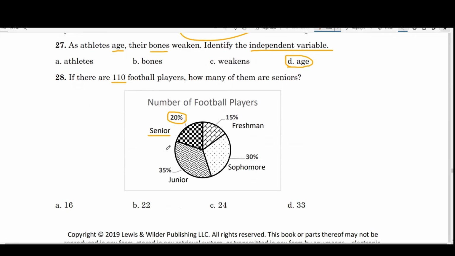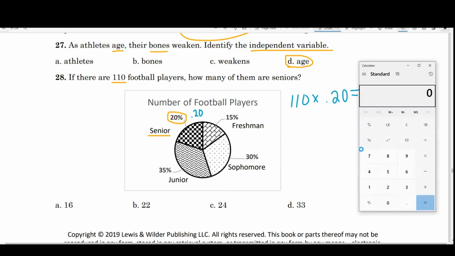Anytime they give you a graph that is made up of percentages, and we're trying to figure out an actual whole number based on data that they give us, you always multiply. Always, always, always. We know that we can't multiply by a percent. It has to be changed to a decimal. So this is going to be 0.20. I'm going to say 110 times 0.20, which gives us 22.